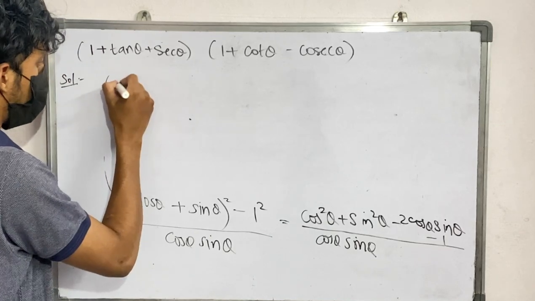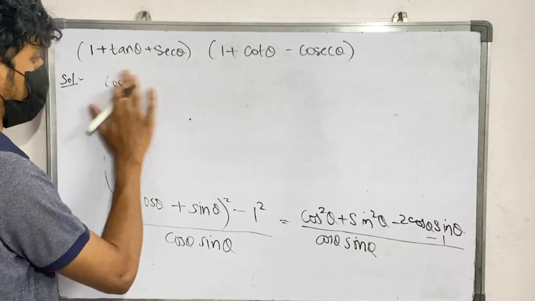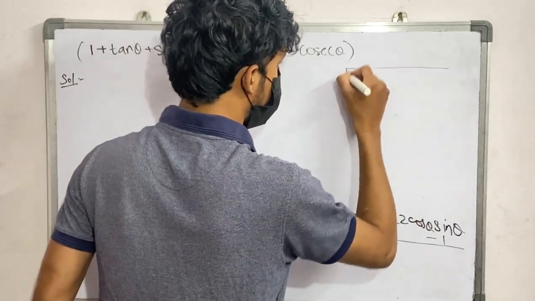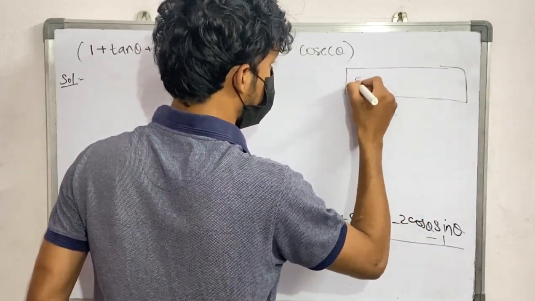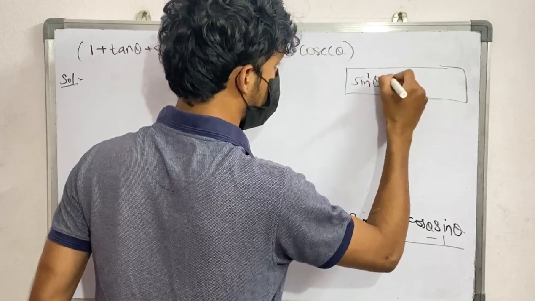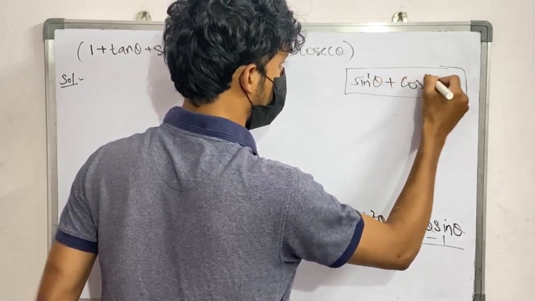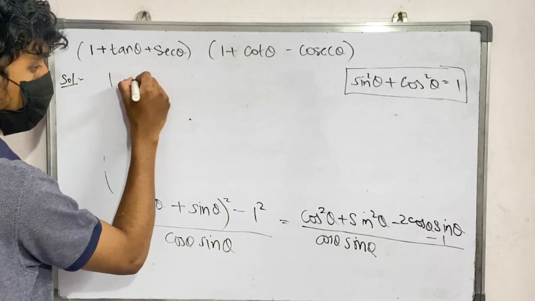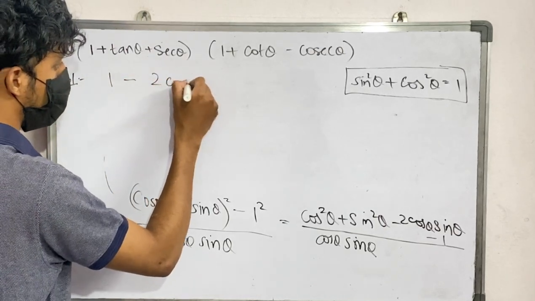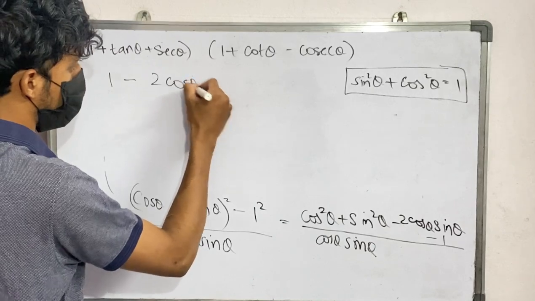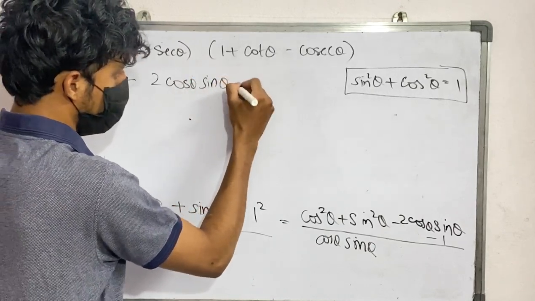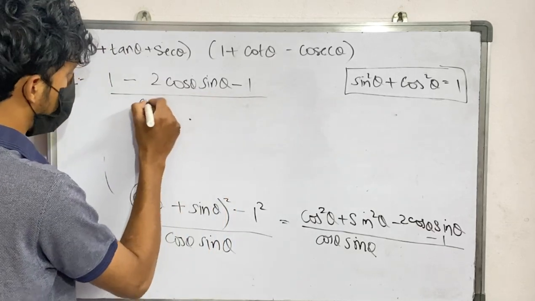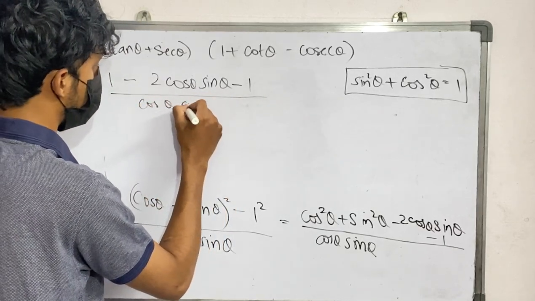Now cos square θ plus sin square θ becomes 1. I will write here the identity sin square θ plus cos square θ is equal to 1. Now this is written as 1, and this can be written as minus cos θ sin θ minus 1, and now I will write the denominator the same, cos θ sin θ.